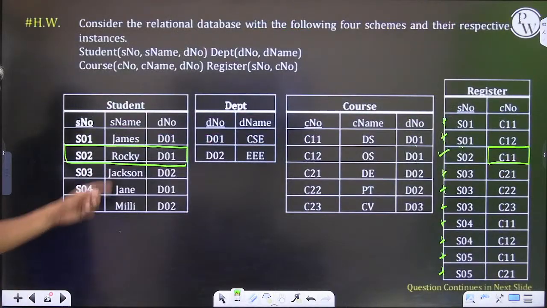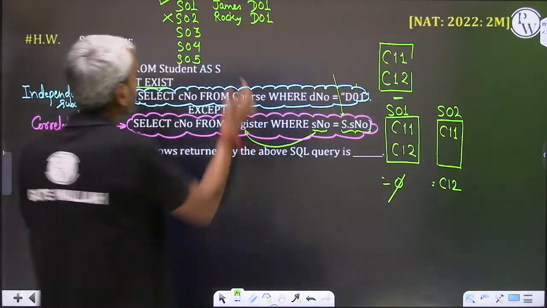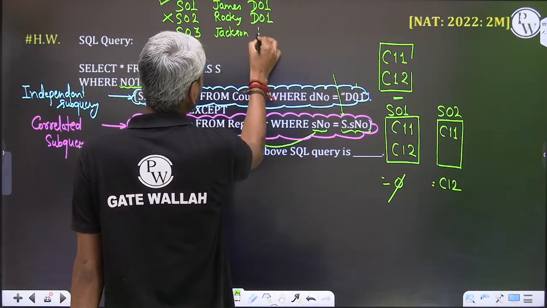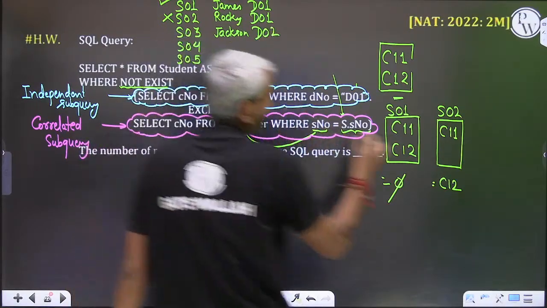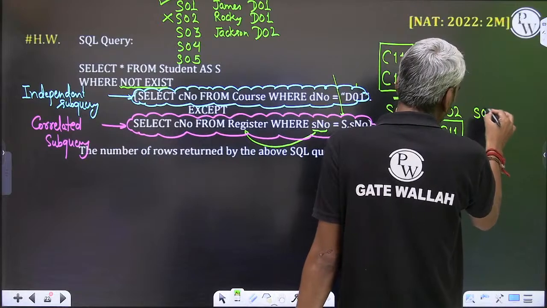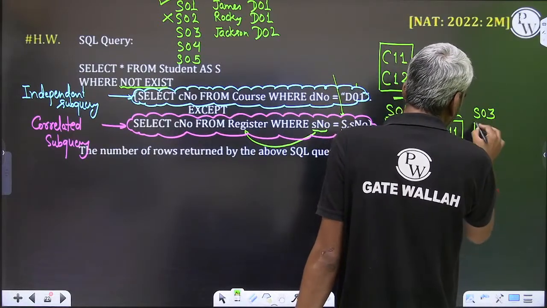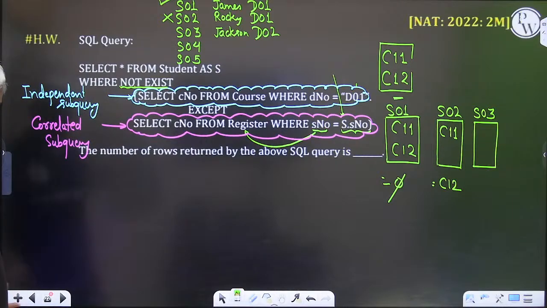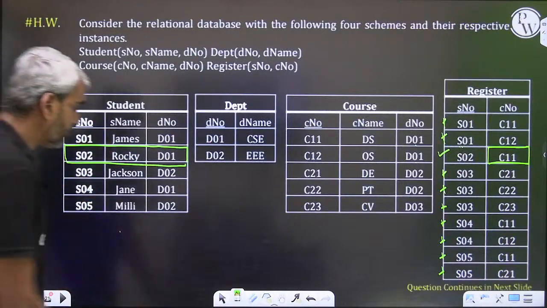Now, the third tuple is S03 Jackson D02. Let's check what exactly will be produced with respect to student number S03. Forget about S02.